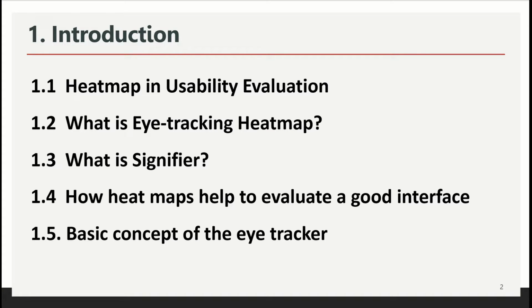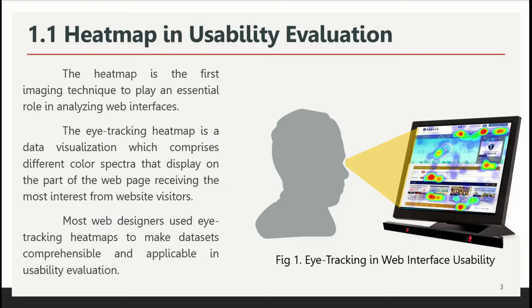First, I'm going to explain heat map in usability evaluation, which is the eye tracking heat map. What is a signifier? How does a heat map help to evaluate a good interface? And the basic concept of the eye tracker. The heat map is the first image technique to play an essential role in analyzing web interfaces.